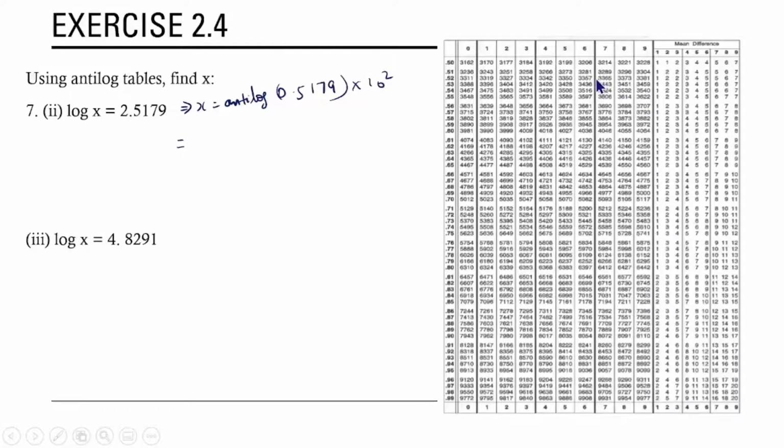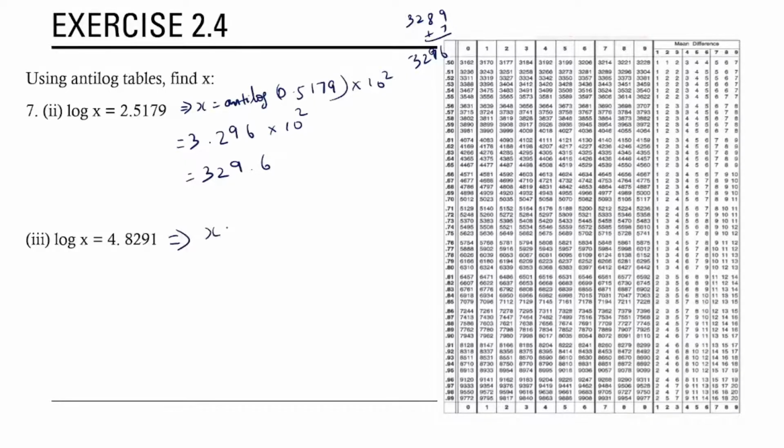It is 7. So 3289 plus 7 is 3296. So this is equal to 3.296 into 10 square, or this is equal to 329.6.